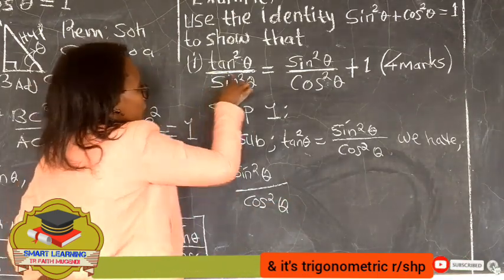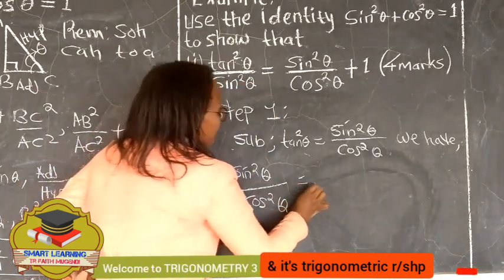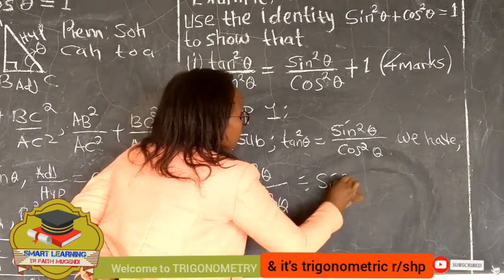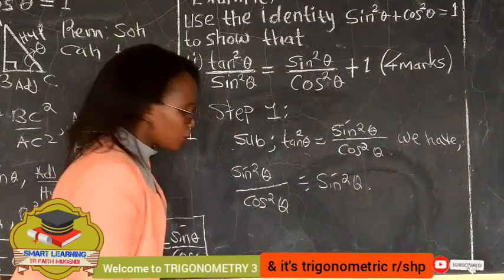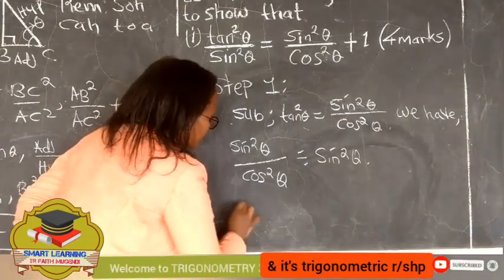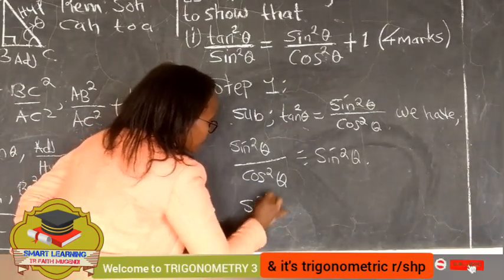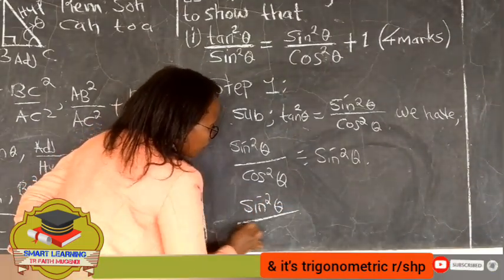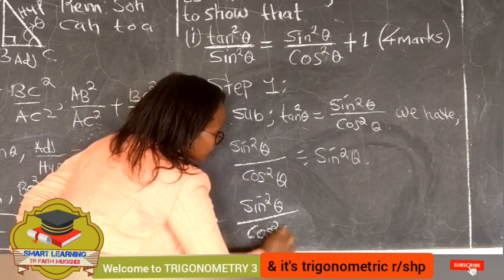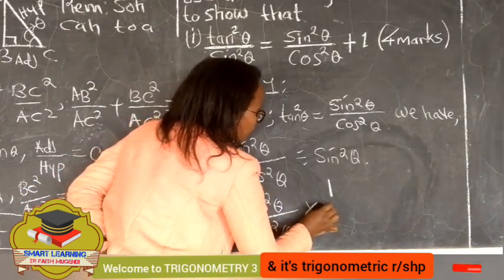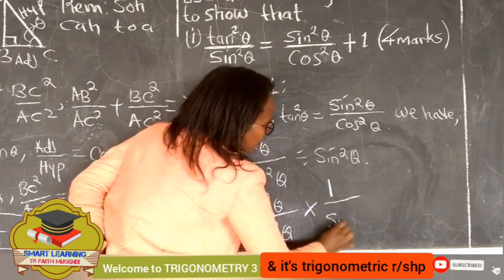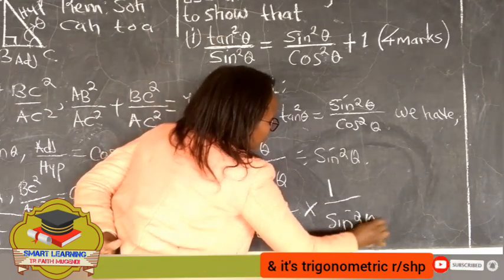This says division, so we divide by sine squared theta. So we do the normal division. We shall have sine squared theta over cos squared theta times the reciprocal of that, 1 over sine squared theta.